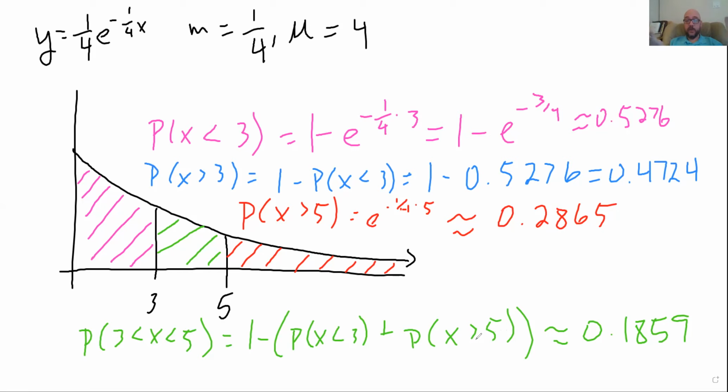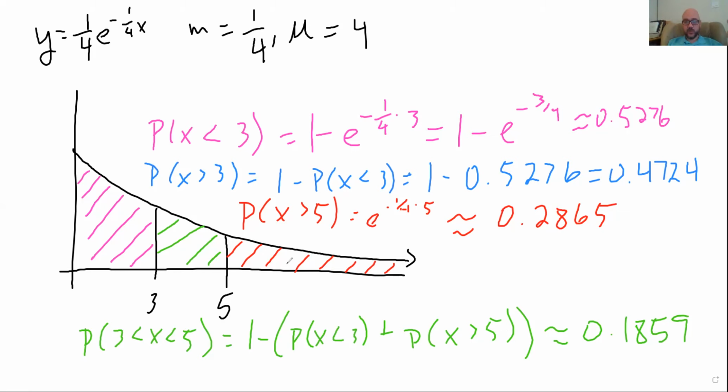But that is what it is. And if you look at the picture, it's obvious, right? So this area is the whole thing, which is 1 minus this and minus this. Pretty obvious from the picture. So the picture does a really good job of helping you solidify in your mind what formulas you should use. So it's a visual aid, really, that's what it is.